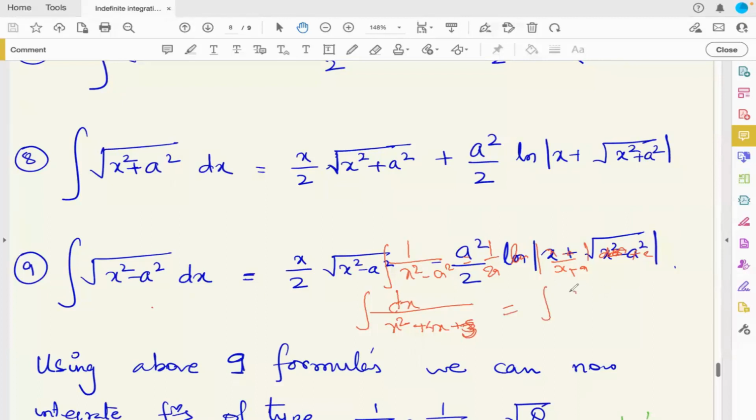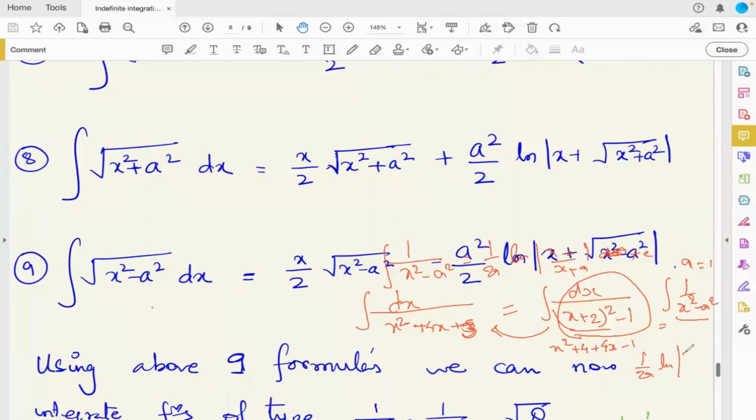So we know that we can write this function as (x plus 2) whole square minus 1. What is (x plus 2) whole square? a square plus b square plus 2ab, which gives the 4x. And we minus 1, we get the same result, right? And this integral is of our form, integration of 1 by x square minus a square, where a is equal to 1, right? And we know the integration of this part is 1 by 2a ln mod of x minus a by x plus a plus constant.